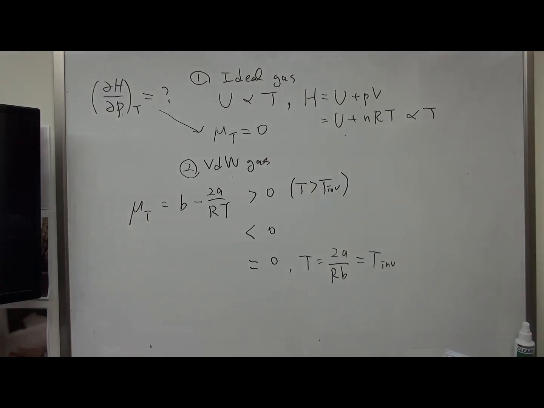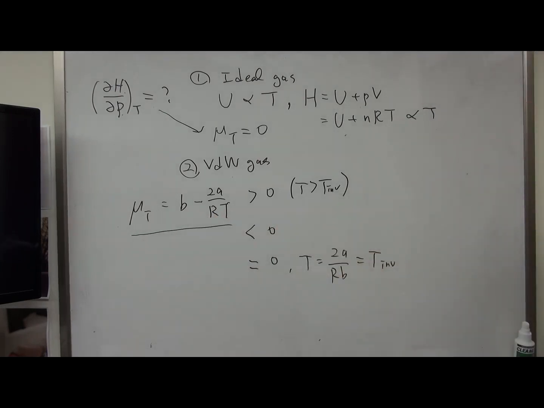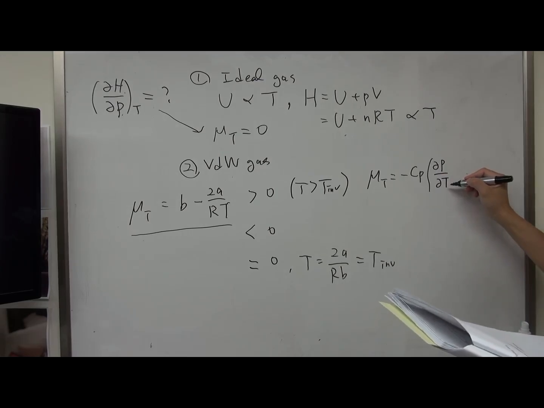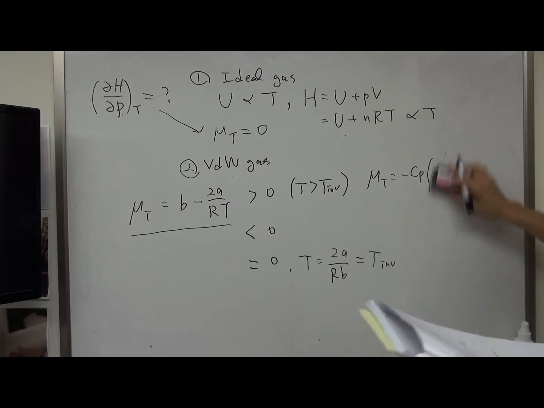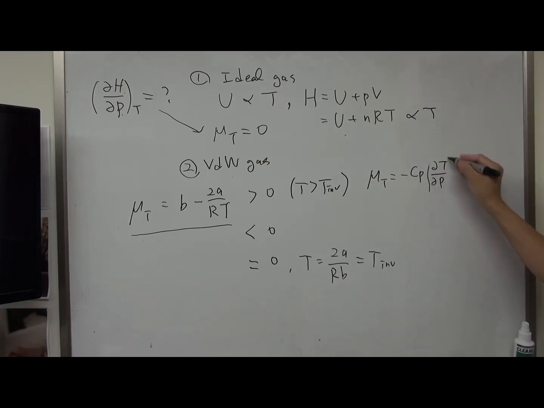So since this is positive, which means that mu T is, remember, minus Cp mu, and mu is around T, around P at constant enthalpy.